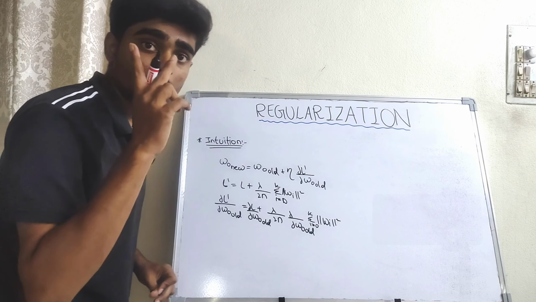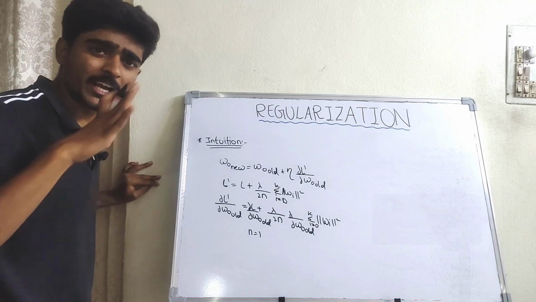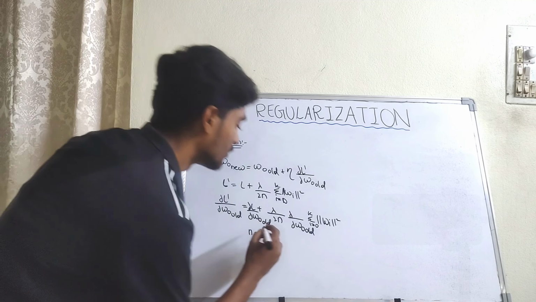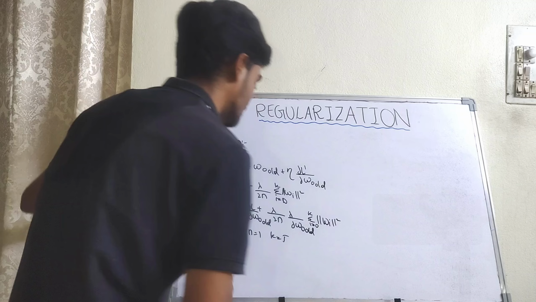Now I'll take two assumptions: n is equal to 1, let me say in my entire data set I have only one row, and k is equal to 5.